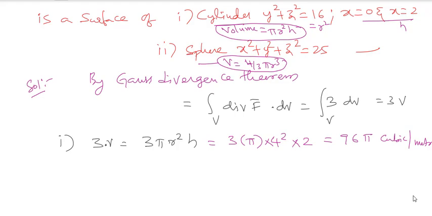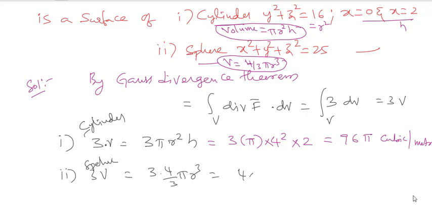Similarly, the second one. Again it is 3v, so this is for the cylinder, and this one is for the sphere. What is this? 3 into 4 by 3 pi r cube. Substitute that, 3 will get cancelled. So 4 into pi into r cube, where the value of r is 5.